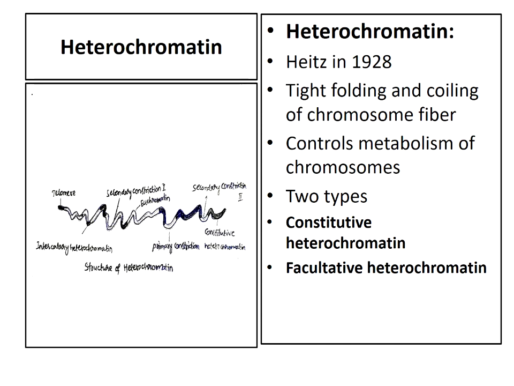There are two main types of heterochromatin according to Brown in 1966: constitutive heterochromatin and facultative heterochromatin. First, let us know what constitutive heterochromatin is.